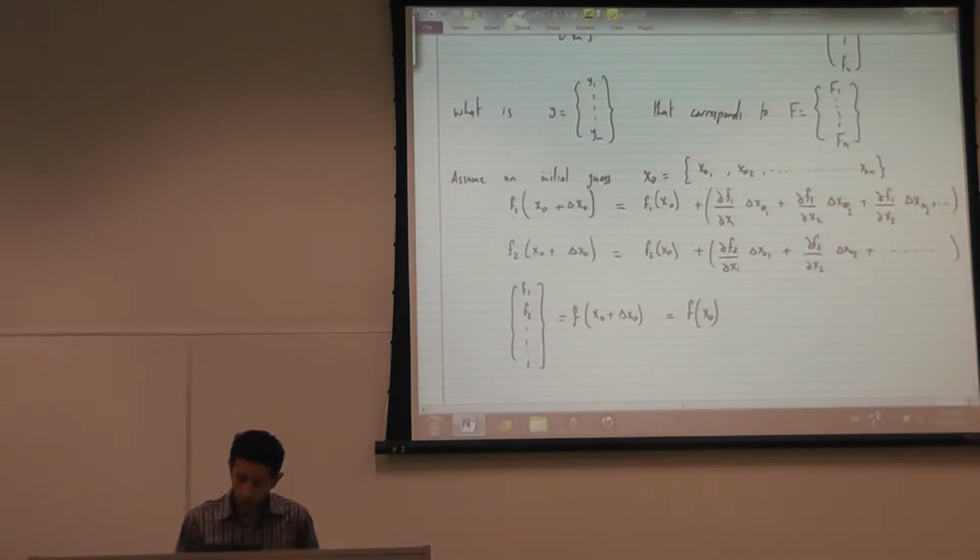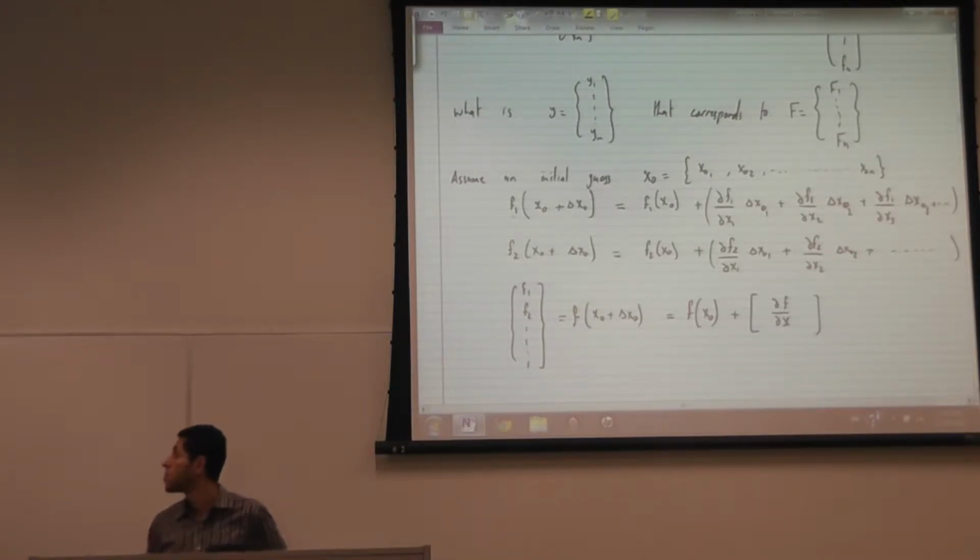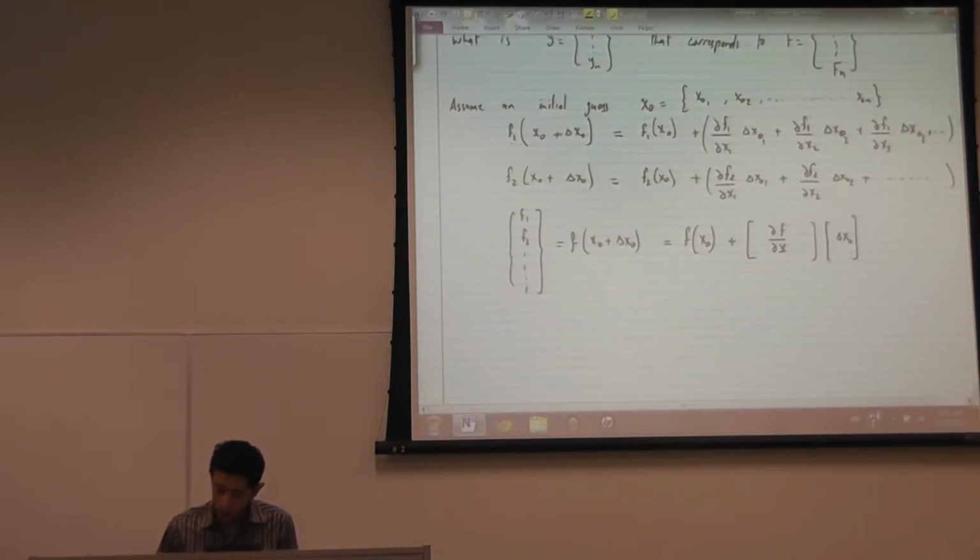As you can see, f1 is equal to f1 plus a matrix that's made out of partial f and partial x multiplied by a vector of delta x naught, where the components of the matrix are partial the component of f with respect to partial component of x. Plus other terms that we ignore.